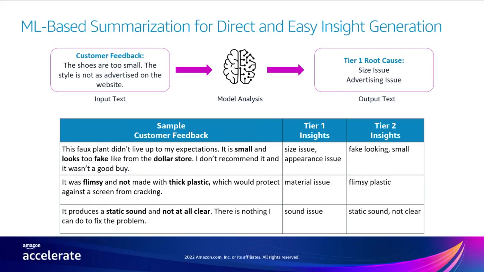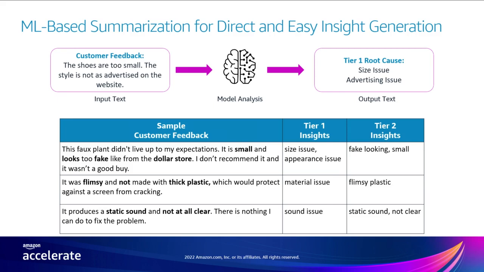However, this evaluation process is going to do more than just that first-tier summarization. It's going to output a second tier of insights. So here on the slide, I have 3 sample customer feedbacks to showcase that tiered insight generation. The first example, the customer purchased a faux plant and is unhappy with their purchase. They tell us, this faux plant didn't live up to my expectations.